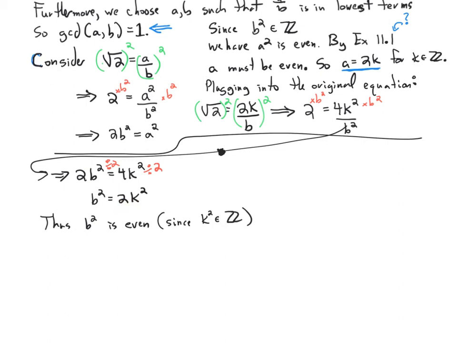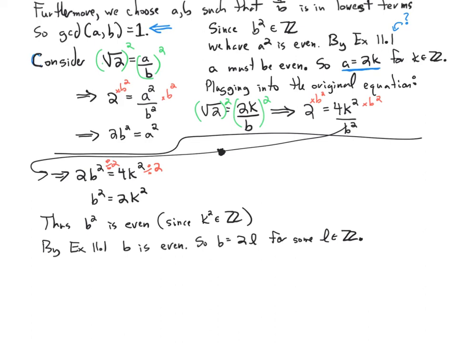And again, by example 11.1, which we proved, we know that b is even as well. So b equals 2 times some integer. We've already used k. Let's use l for some l that is an integer.